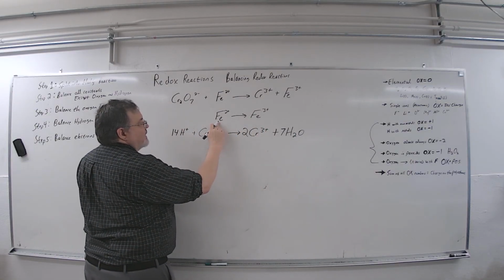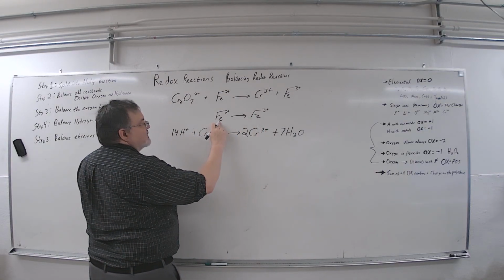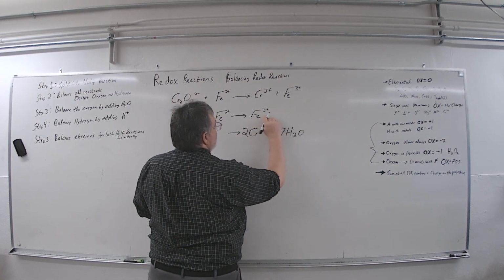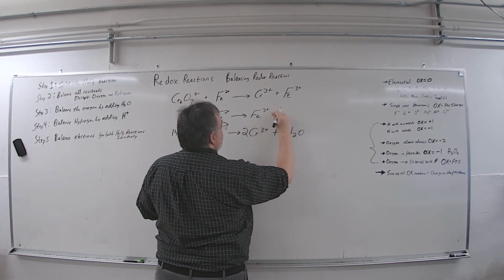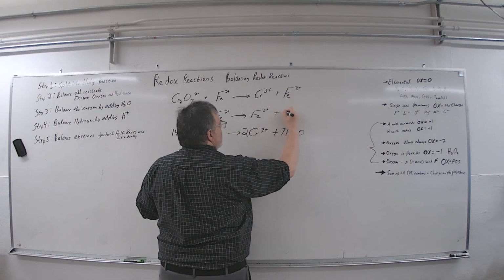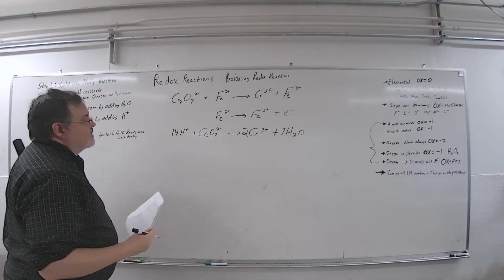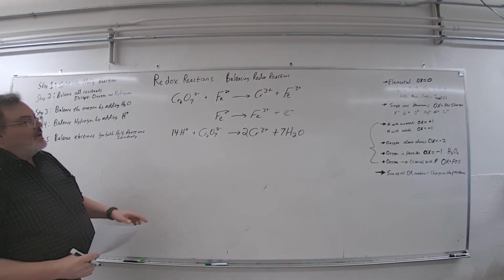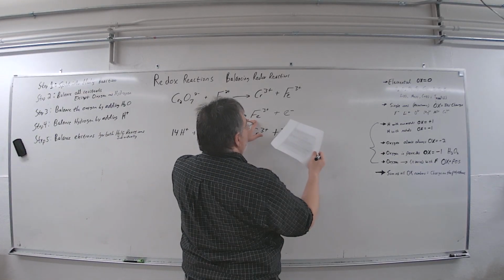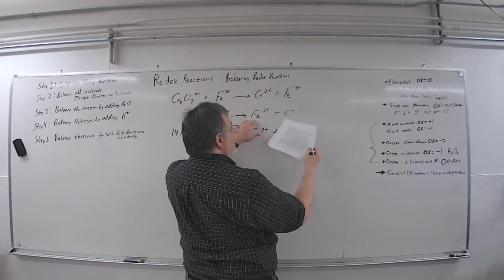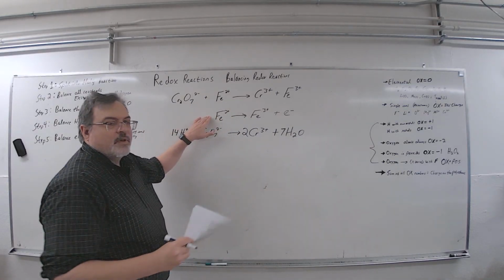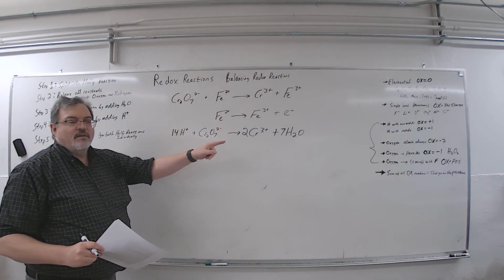So what I really want here is, if you take an iron 3 plus and add 1 electron, you'll get an iron 2 plus. That's why I wrote it on the right side.